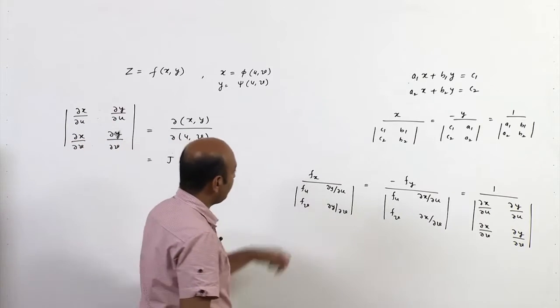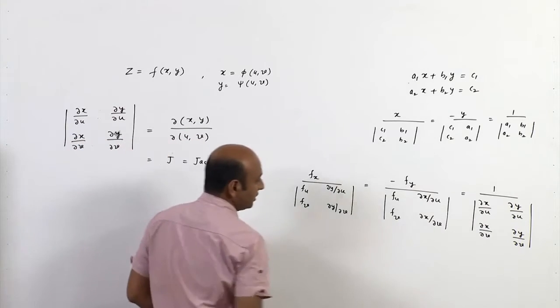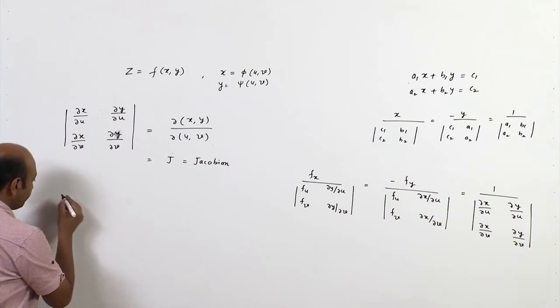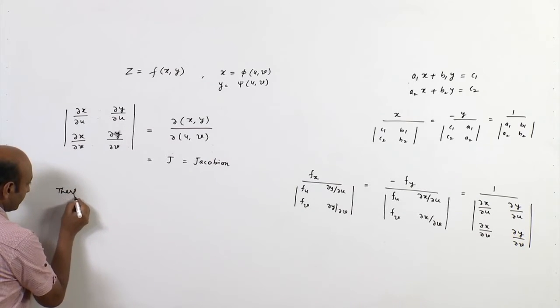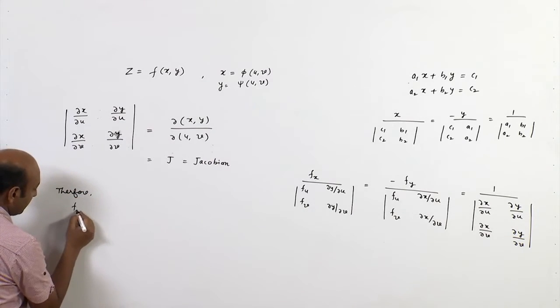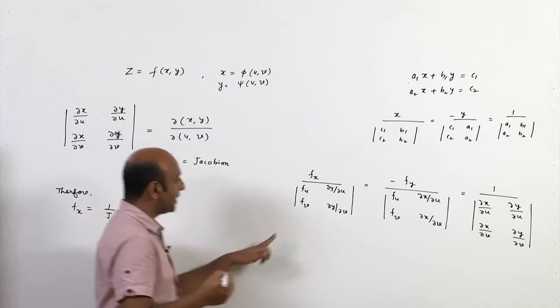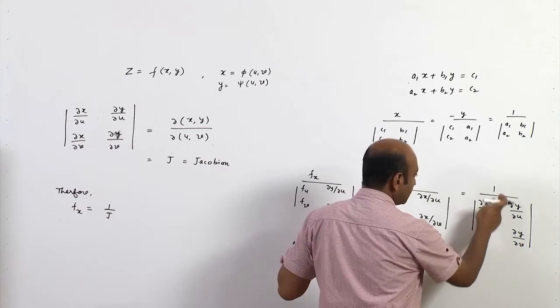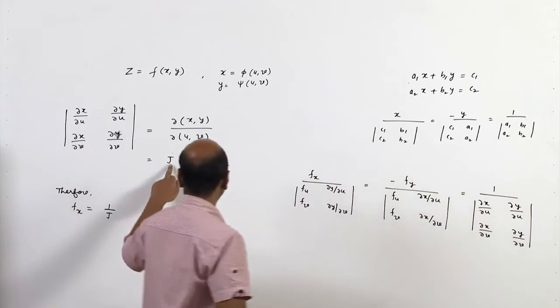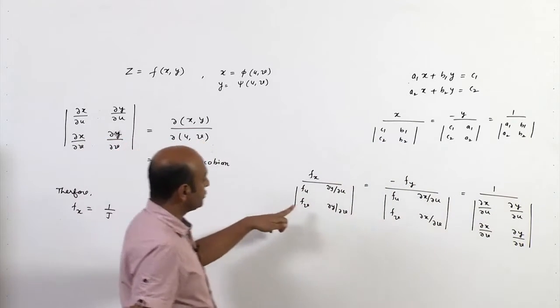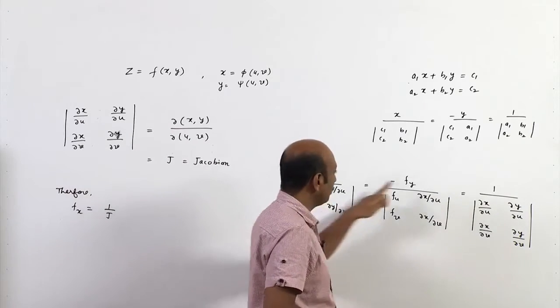So, we can write fx from this equation as, therefore, fx will be 1 upon j times, because when you compare this with this term, it is 1 upon j. j is this term, okay, 1 upon j, and this will go to a numerator.